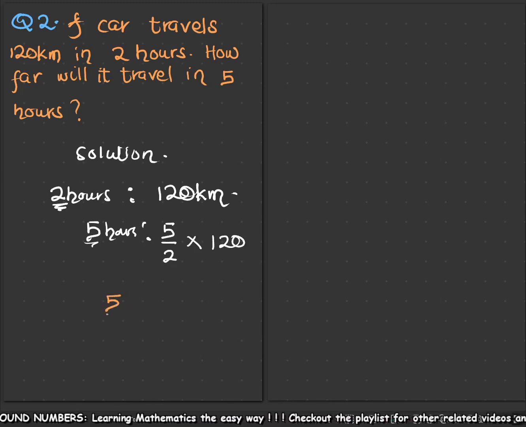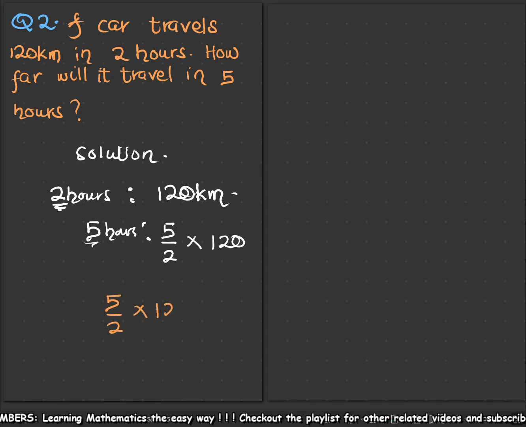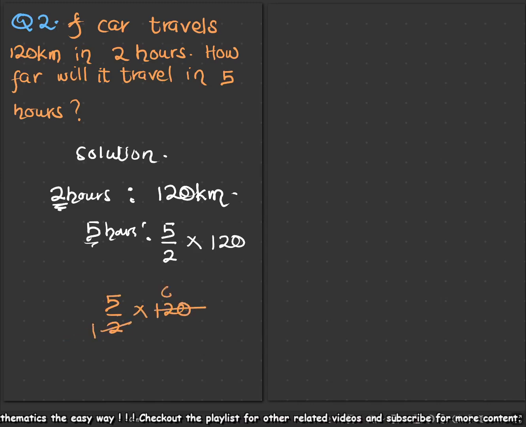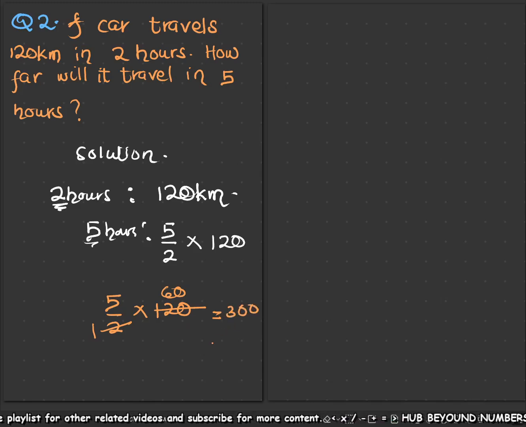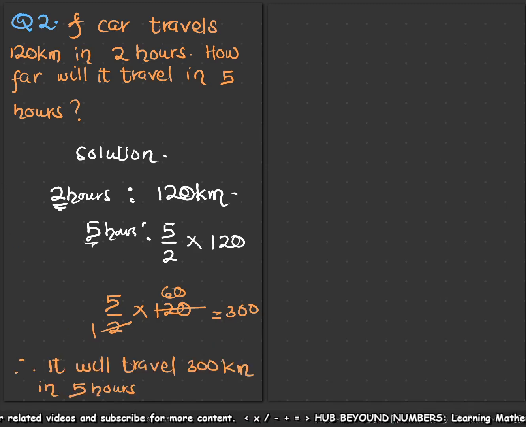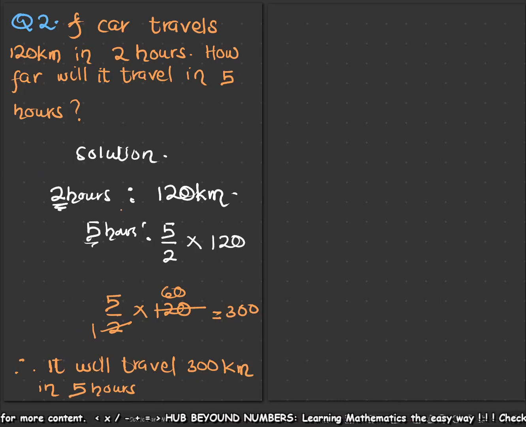So 5 over 2 times 120. 2 divides itself once into 120, 60 times. Then we have 5 times 60 giving us what? 300. So we can conclude that it will travel 300 kilometers in 5 hours.